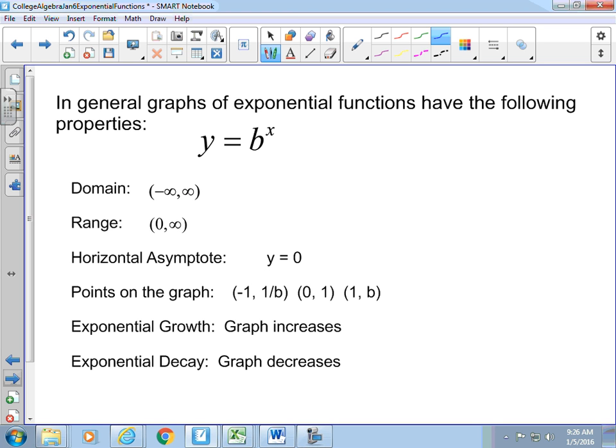Interest, money, grows exponentially. No, linear is straight line growth. Exponential goes fast.